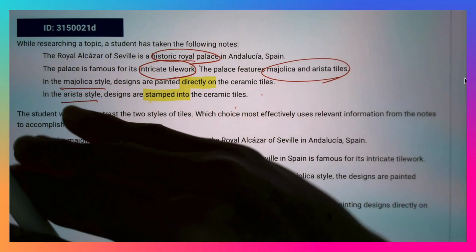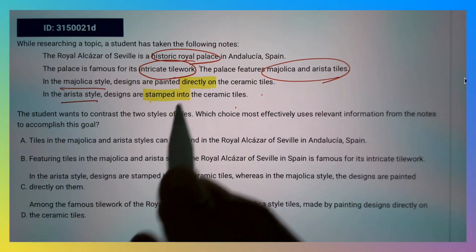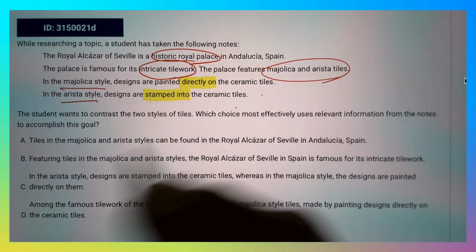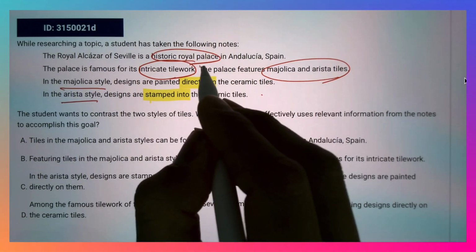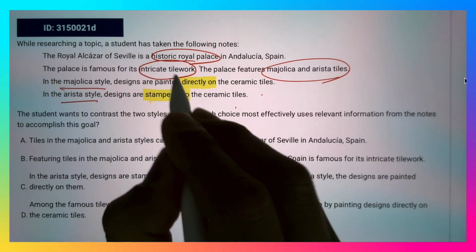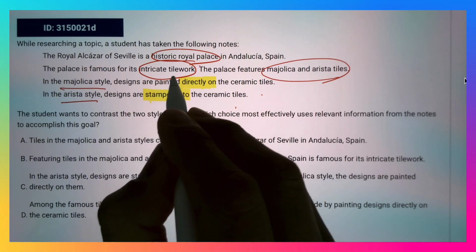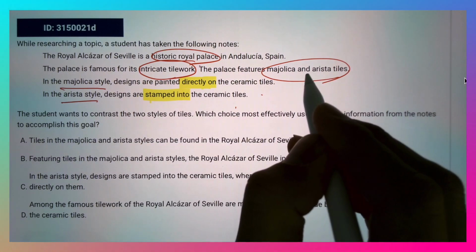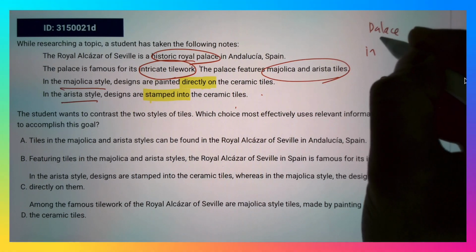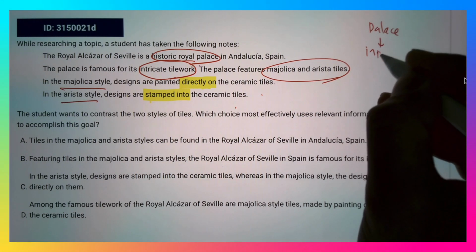So even without reading the question, I already know that we start with something more broad, historical royal palace, and then we delve into what it's famous for, and it turns out it's an intricate tile work, and then there are two kinds. So the palace contains intricate tile work.